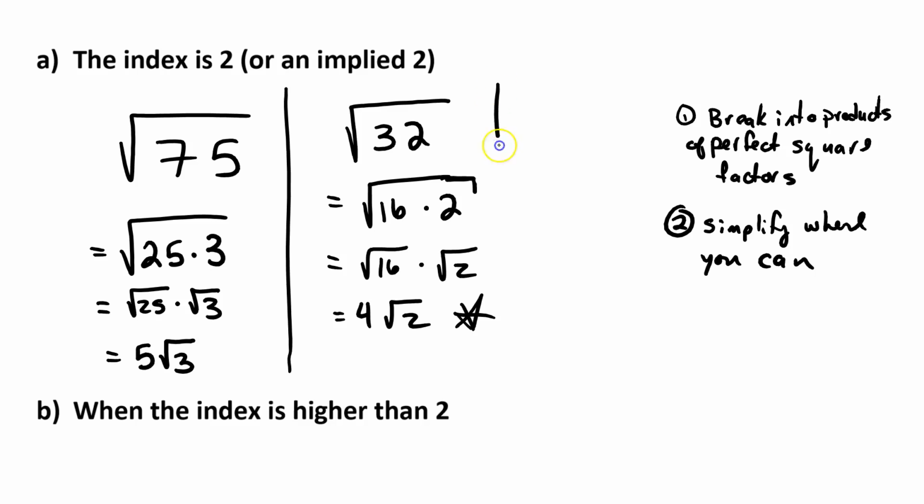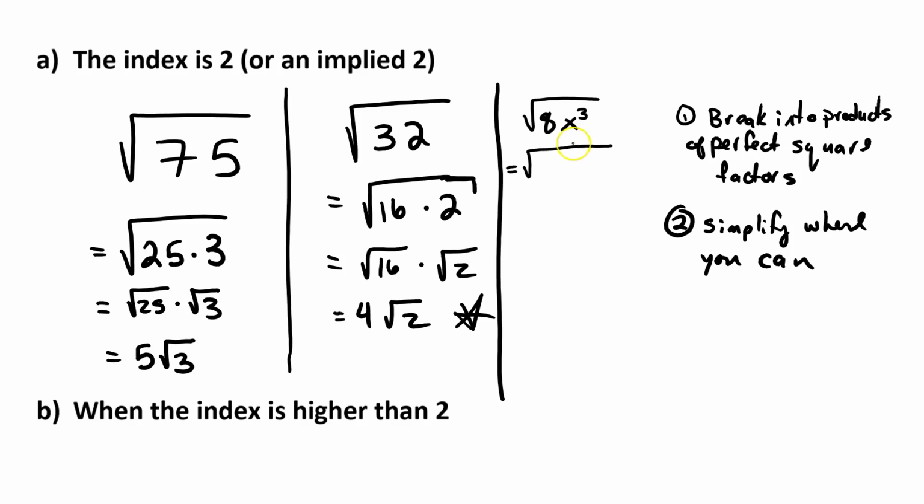I'm going to do one more here. I'm going to say the square root of 8 times x to the power of 3. Now a lot is going on here. First we need to break into perfect square factors in the 8, and then we need to break it up into the perfect square factors of the x to the 3.